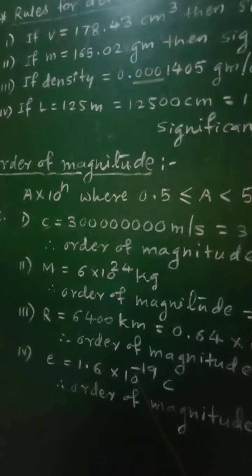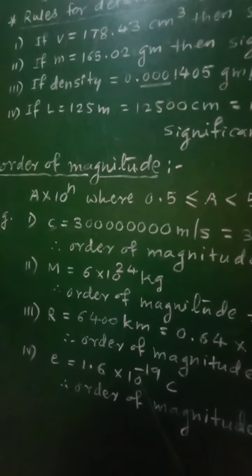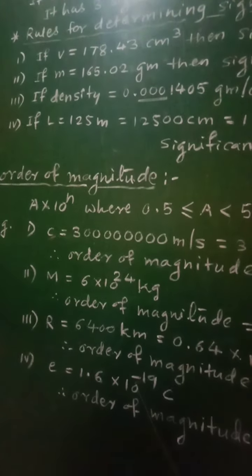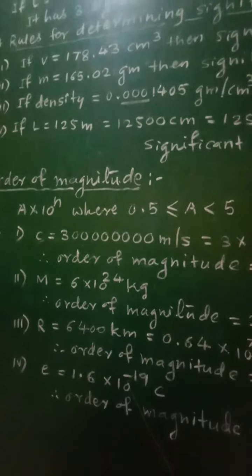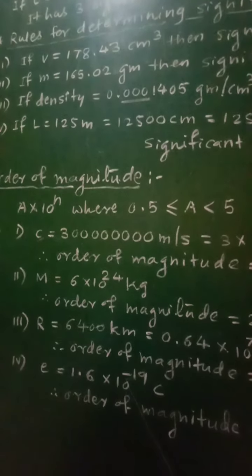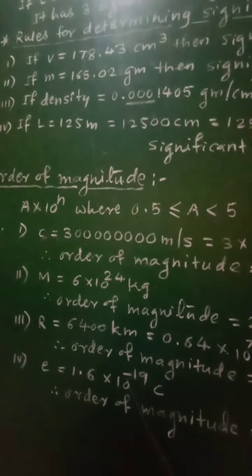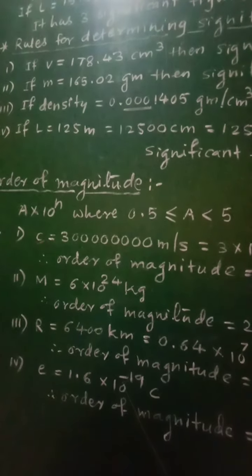Therefore, in a precise manner they will be written in powers of 10, and the order of magnitude will be the nearest power of 10 to the magnitude of that given measurement.